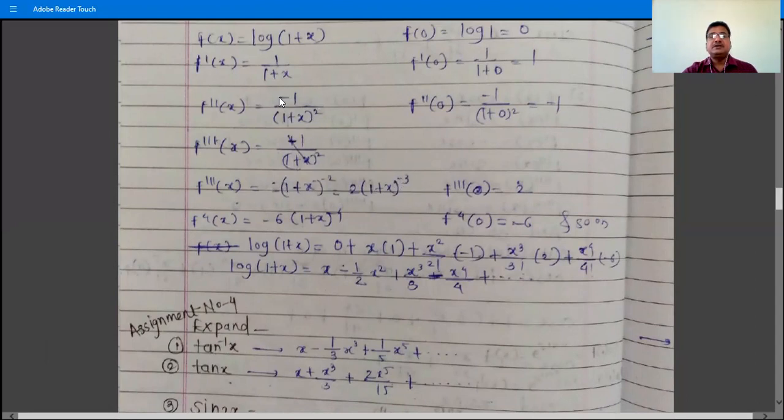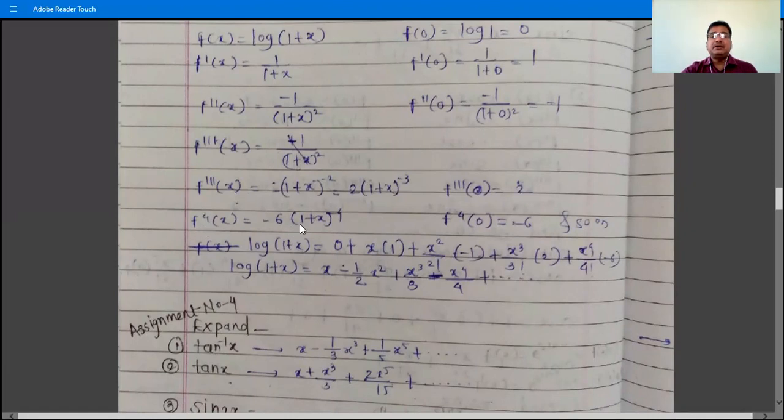So the derivative is 2 into (1 plus x) raised to minus 3, and the value at 0 is 2, because (1 plus 0) raised to minus 3 is 1.